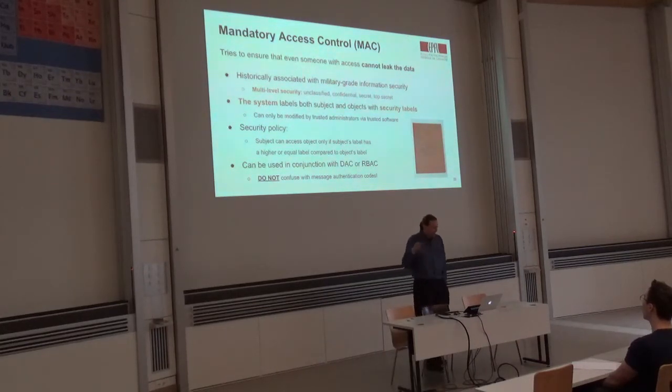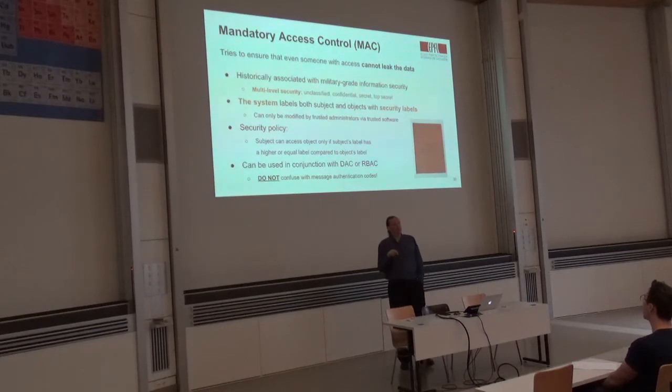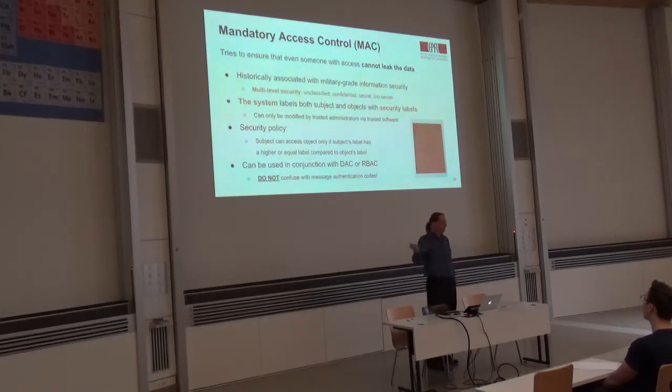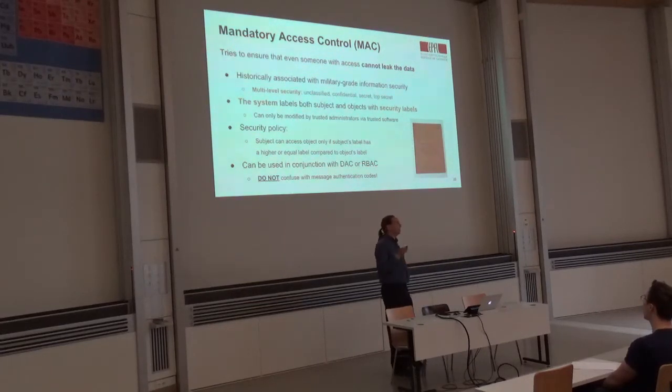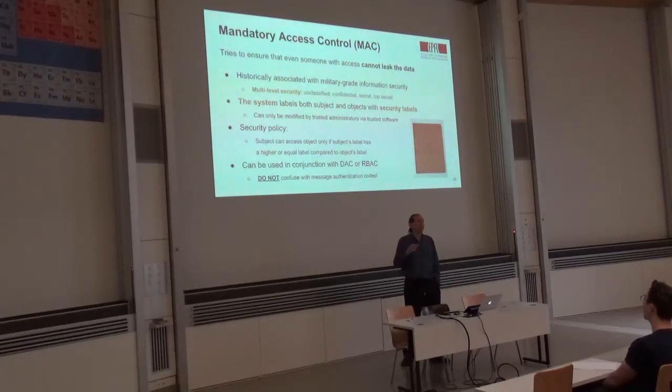And further, even a user with secret clearance who actually can and is allowed to view that document cannot send the document, or cut and paste it, or do anything that would transmit that document to another user with only unclassified or confidential clearance, right? So that's the basic goal.